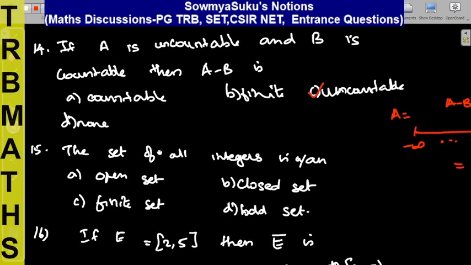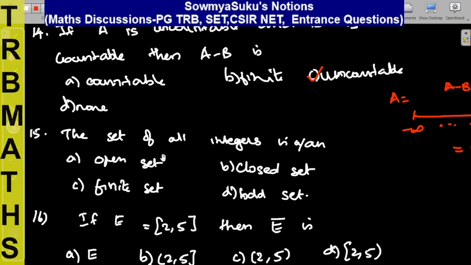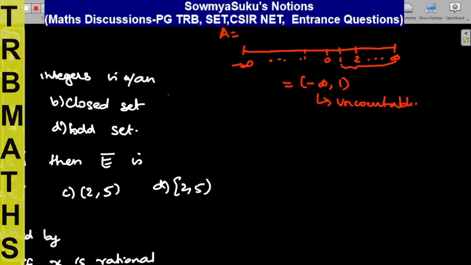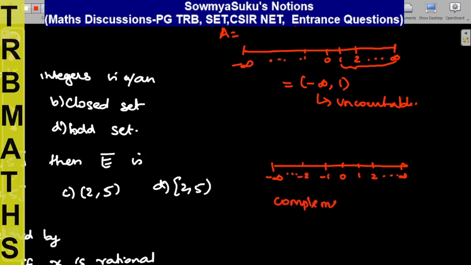Then 15th question, the set of all integers is open, closed, bounded, or finite. Here you can see the real line from minus infinity to infinity, with 0, 1, 2, 3, etc. and minus 1, minus 2, etc. Let's check the complement of the integers. The complement consists of the intervals (0, 1), because 0 and 1 are not included, then (1, 2), then (2, 3).